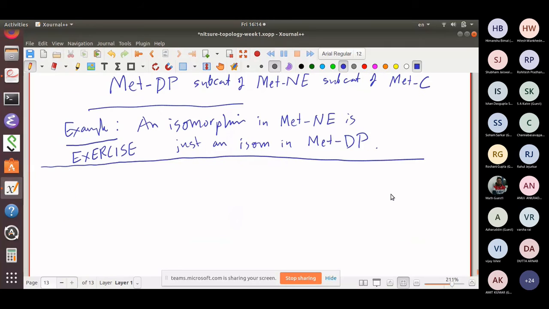So there are no new isomorphisms in MET any. Isomorphisms are already there in MET DP.